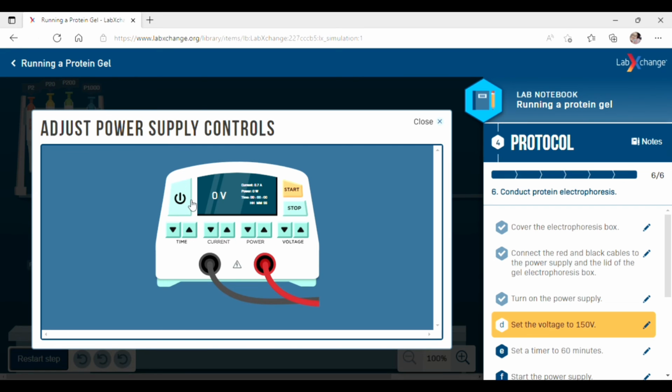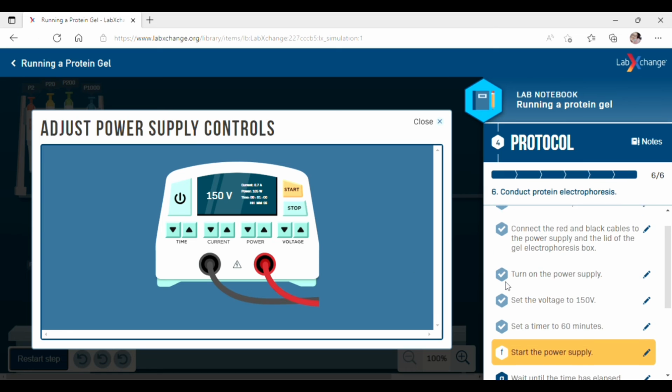Set the voltage to 150 volts while the timer is 90 minutes. We can start the power supply.